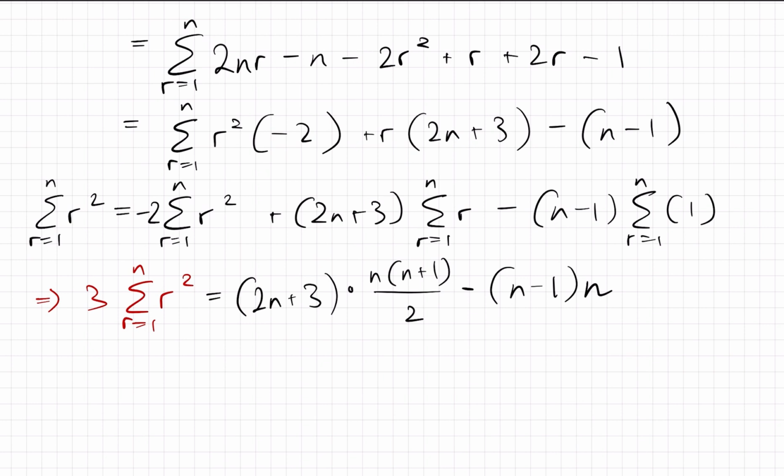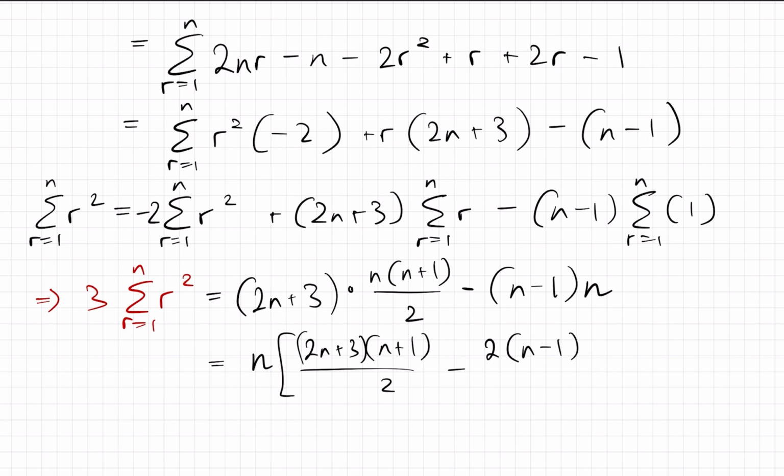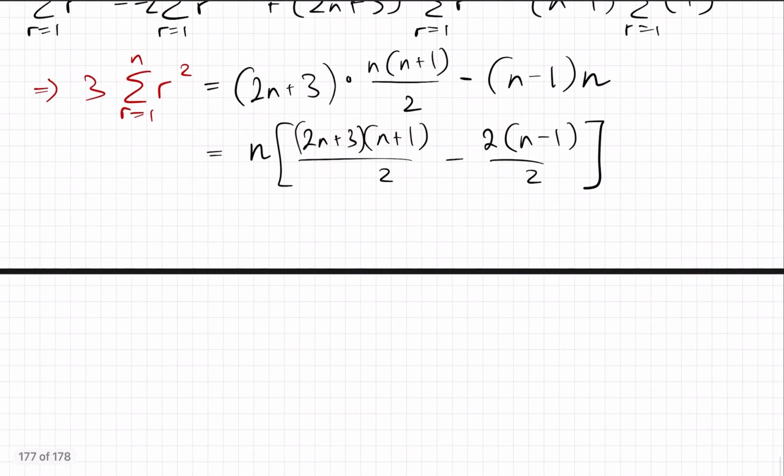So the first thing I'm going to do is take a factor of n out. So let's take a factor of n out here, and then this just becomes 2n plus 3, n plus 1 over 2, minus simply n plus 1, but I'm going to write this as 2n minus 1 over 2, so I can then simplify these fractions.